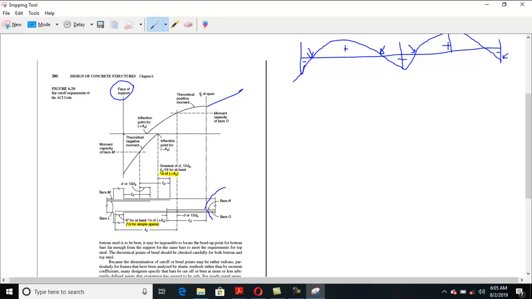So you need to provide your full positive area at this point. Clear? Now you need to extend your whole bars for a distance of LD.